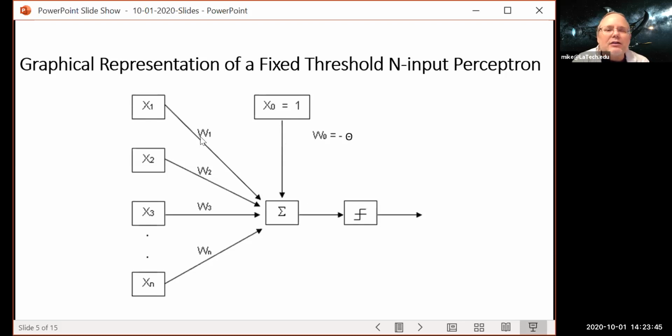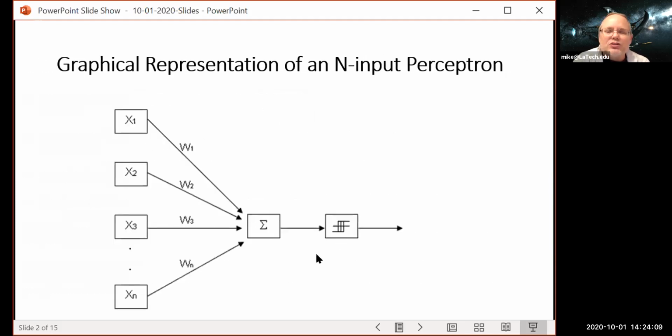And what we will be saying here is that the weighted sum of the inputs, including weight 0 and input 0, which is always 1, the sum of that has to be greater than or equal to 0.